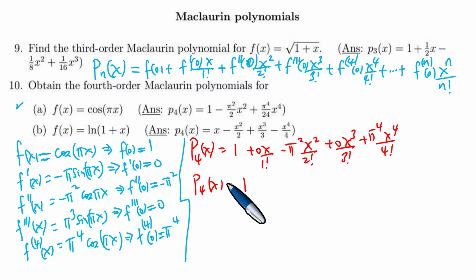Right, so you just simplify this one, and then this one is going to be 0, and you have minus pi squared over 2, because 2 factorial is 2, and then you have x squared, 0x cubed, and then you're left with pi to the fourth over 4 factorial, which is 24.